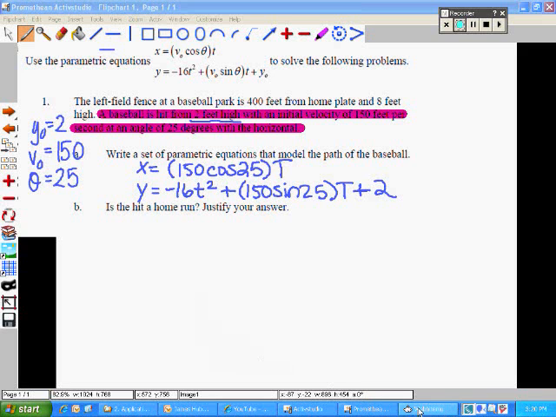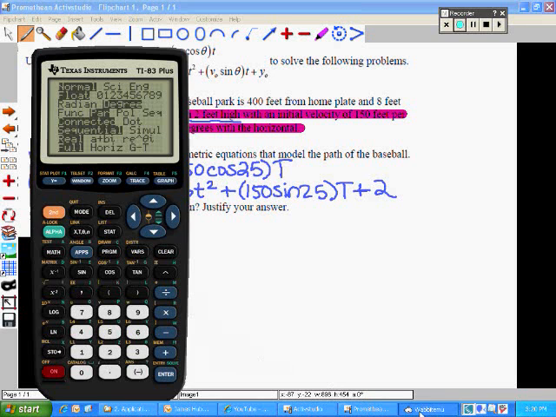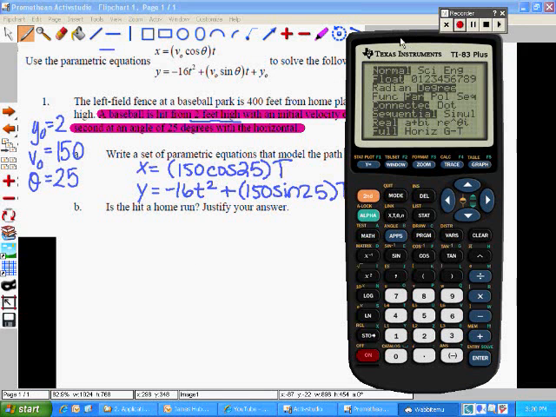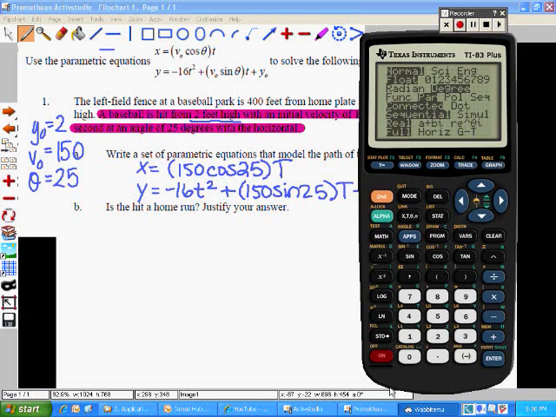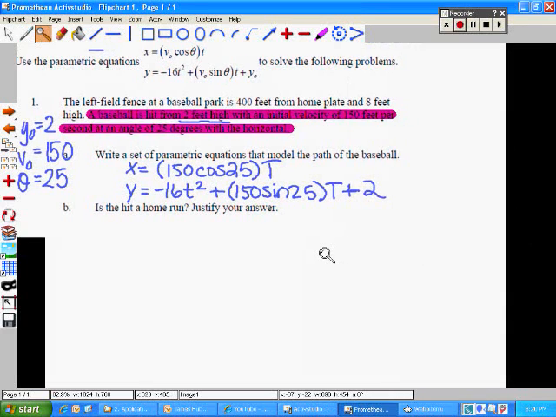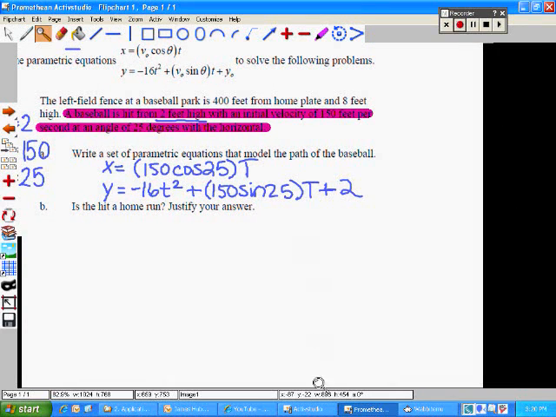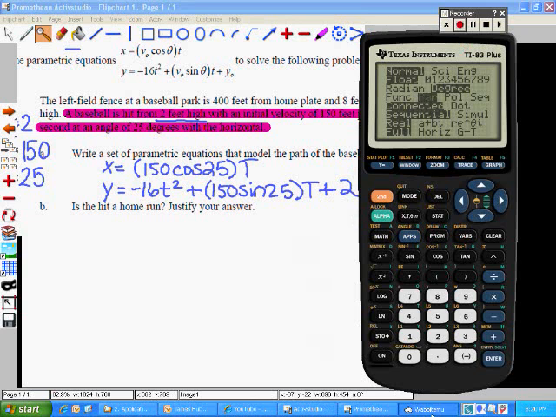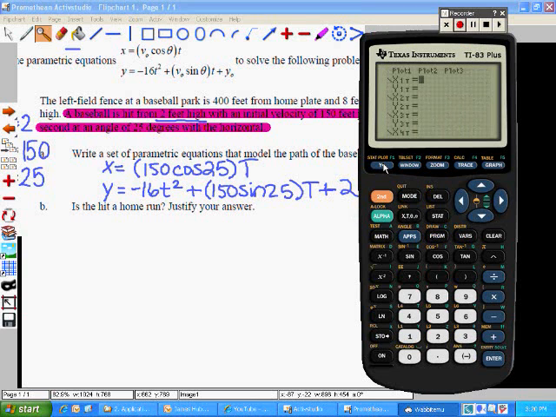Okay, now that I've explained a couple of things to watch out for, let's go ahead and type this into our TI calculator. Again, go to mode, make sure you're in parametric mode, also make sure you're in degree mode. Then we go to y equals, and let's type in our equations here.